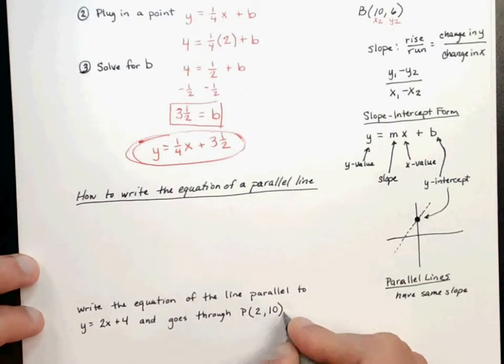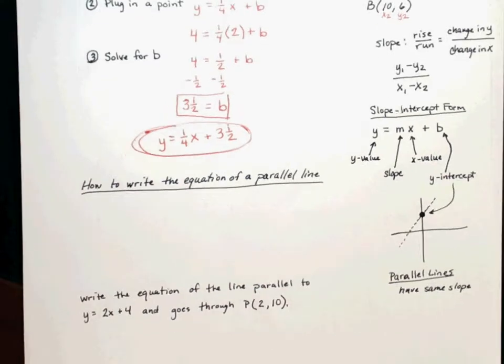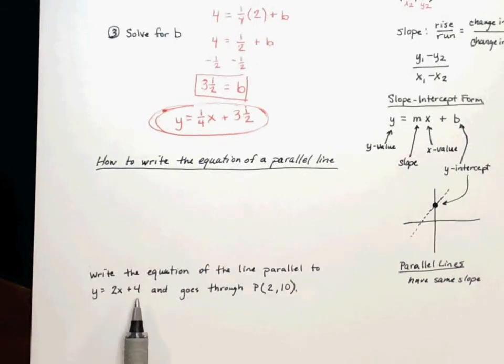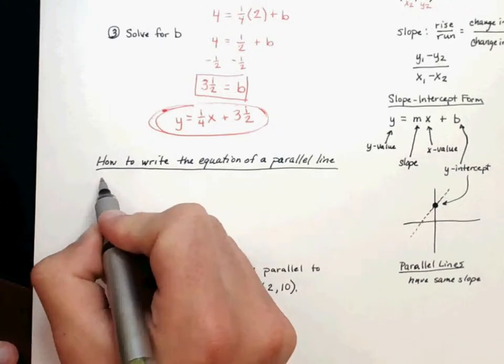2, 10. Okay? This is one of your basic questions that will be on your homework, a quiz, and or a test. Right? It says write the equation of the line parallel to y equals 2x plus 4 and goes through point P, which is at 2, 10. All right?